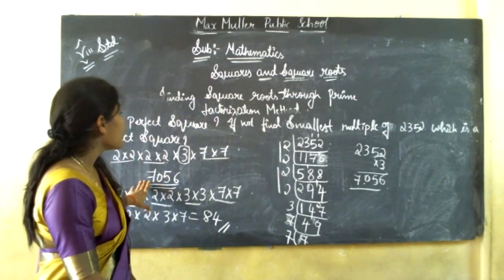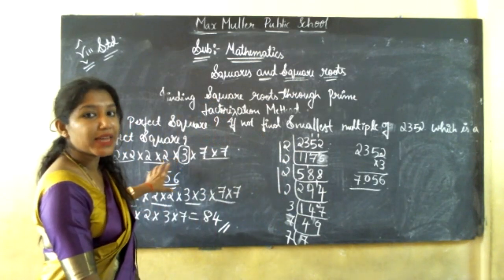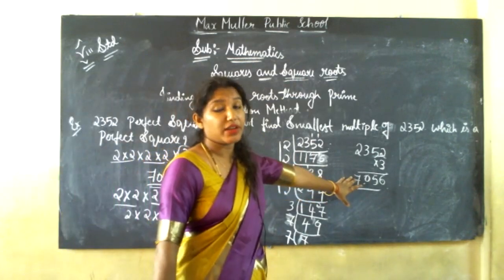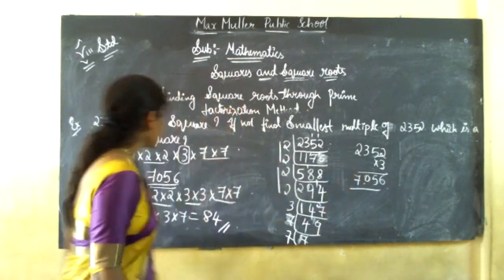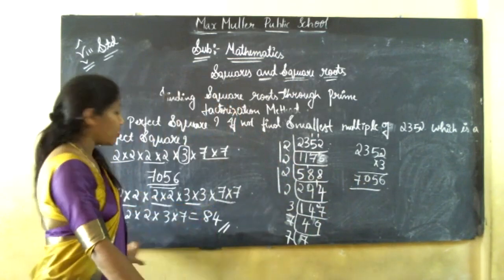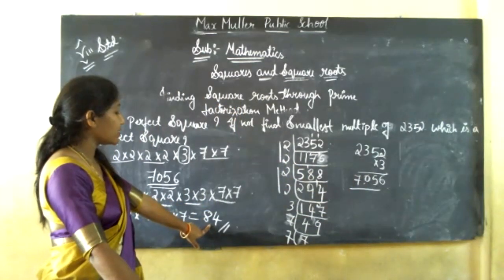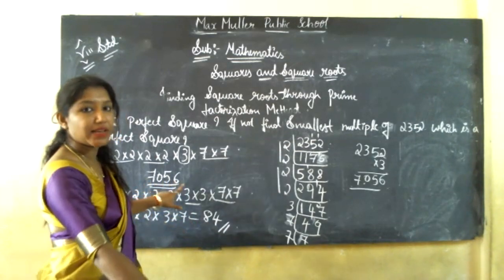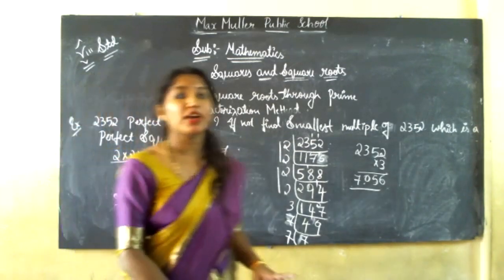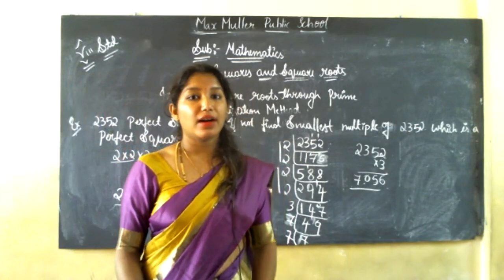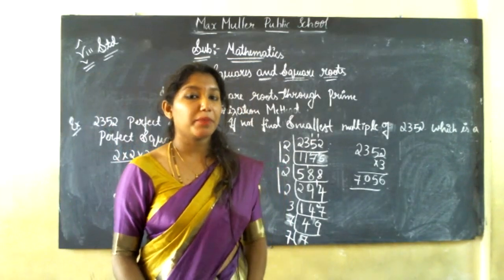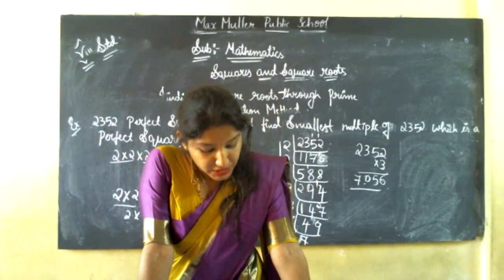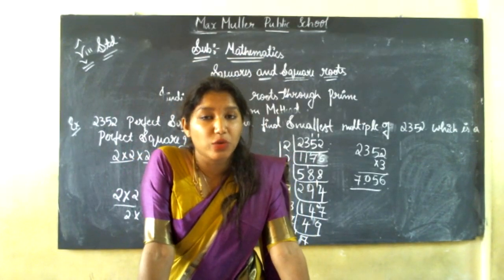So this 2352 should be multiplied with 3. Then you will get the pairs. So you will get the square root as 84 for 7056. Understood? This is what you have to learn, how to find square roots by the prime factorization method.